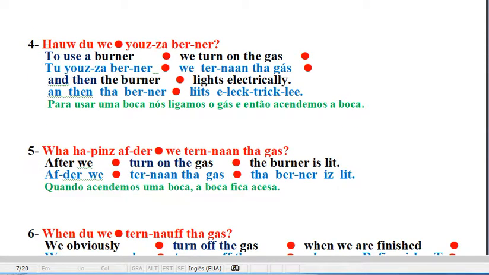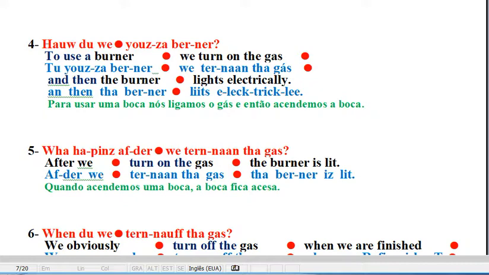Okay, line 4. To use a burner, we turn on the gas, and then the burner lights electrically.